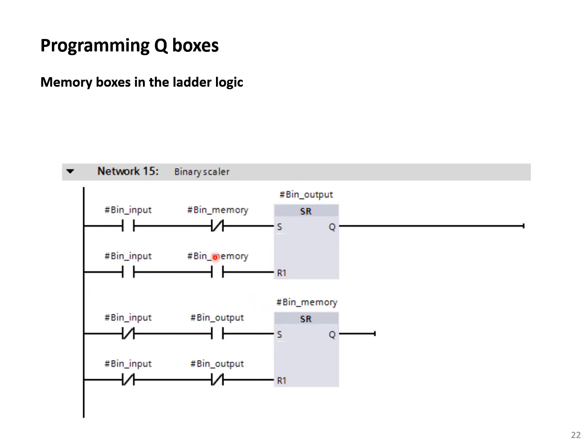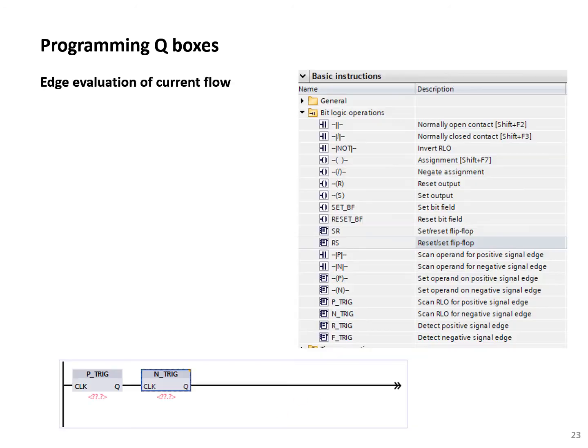Here, in this example, we have set and reset boxes, and you see how we are using a bit input and bit memory in series to set the box or reset the box, and also for these cases, edge evaluation of the current flow in the format of the Q boxes.